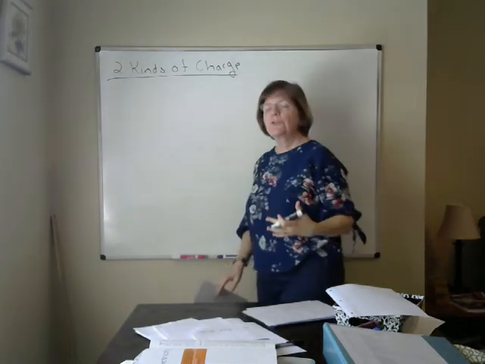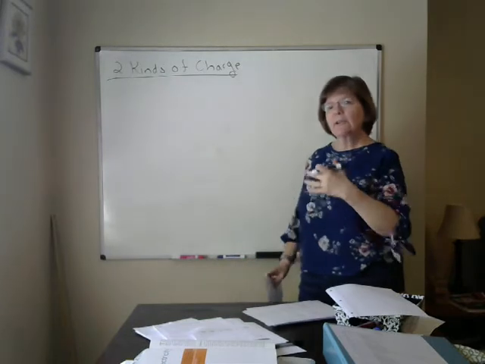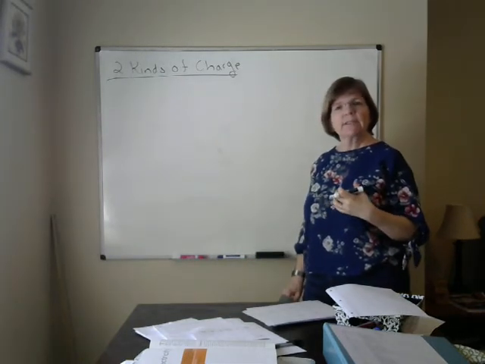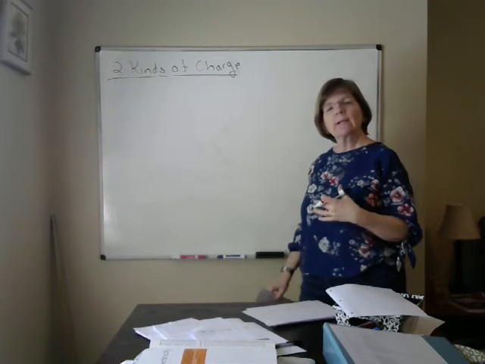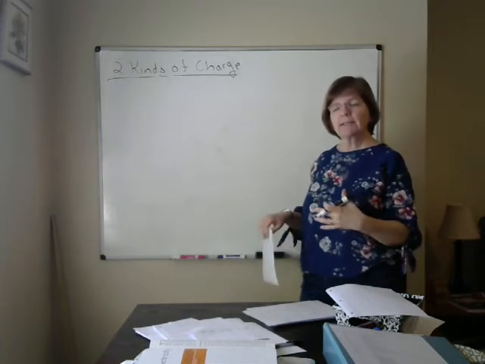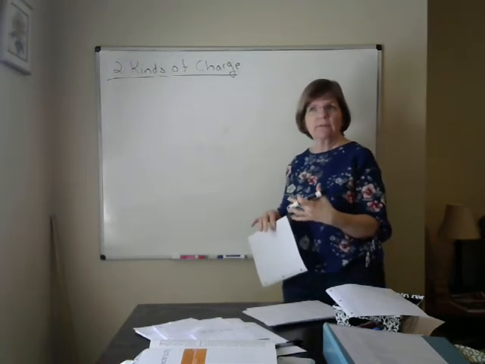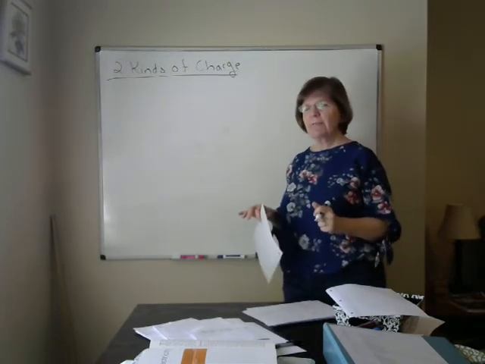Because there are two kinds of charge, electric forces are different than gravitational forces. Gravitational forces are always attractive. Every mass in the universe is attracted to every other mass in the universe. But there's not two types of mass.